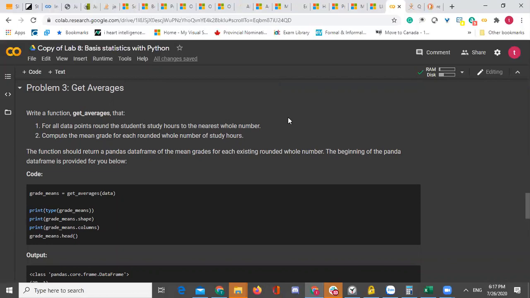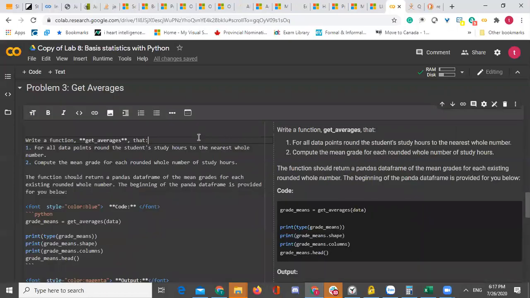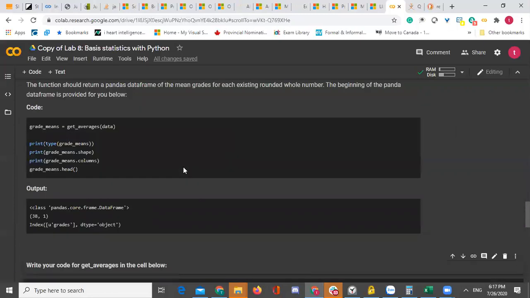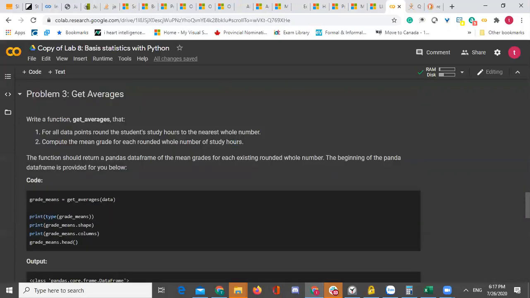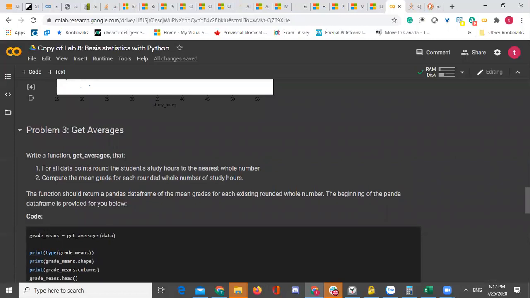So I first need to round the data, and after that, I need to compute the mean grade for each round. I don't understand this second line. What does it mean by compute the mean grade for each round whole number of the study hours?